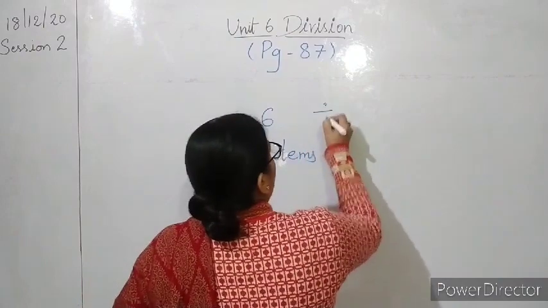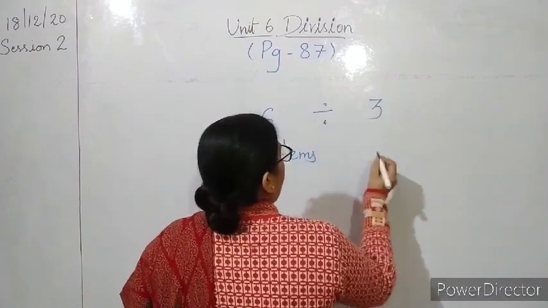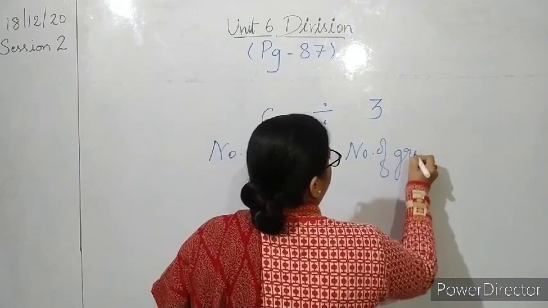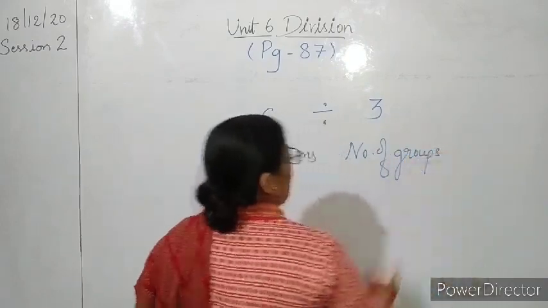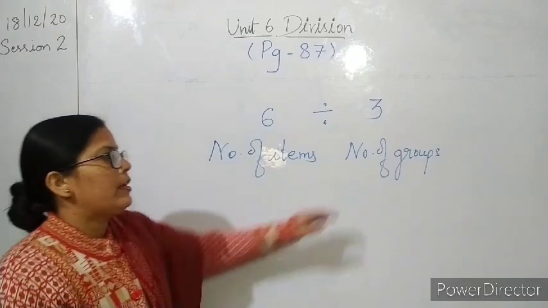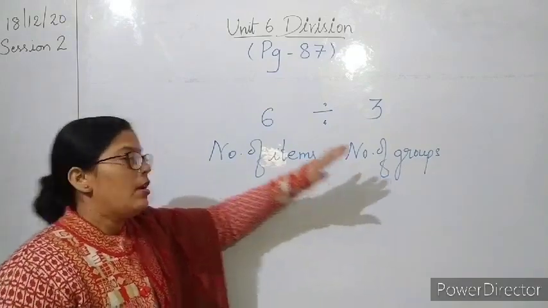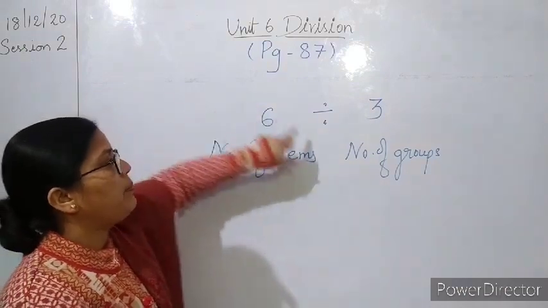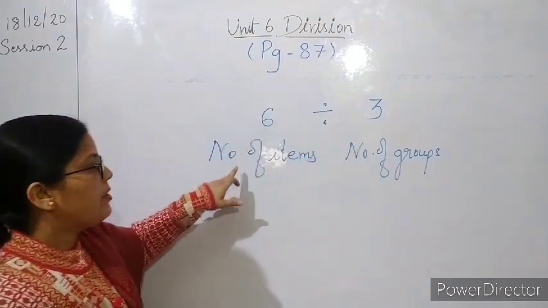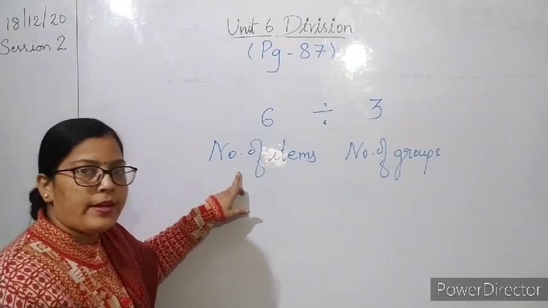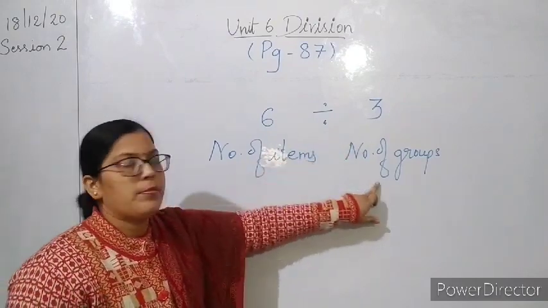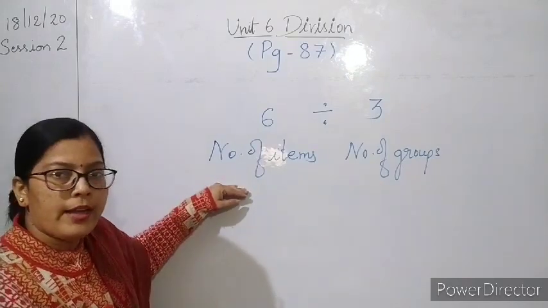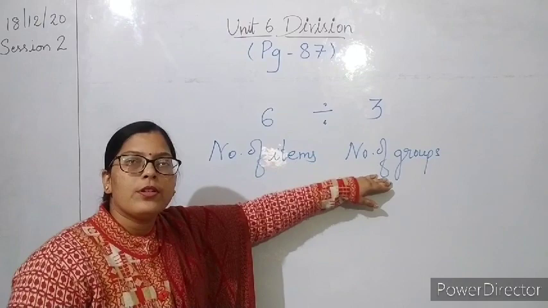And what is 3? 3 is the number of groups. Here what are we doing? We are dividing the dividend by the divisor. The dividend is the number of items and the divisor is the number of groups. So we are dividing the number of items into the number of groups.